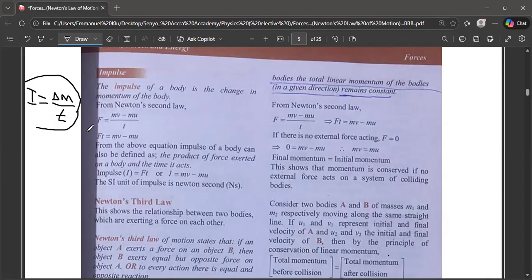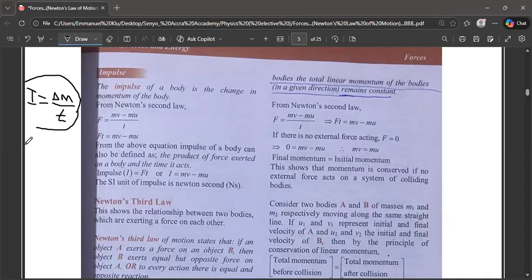Where you write change in momentum is equal to what, you simplify it, and t is equal to what, you simplify it, and then you state whatever function you are supposed to do. What I'm trying to say is that after putting the formula down, you explain the formula. That's all.